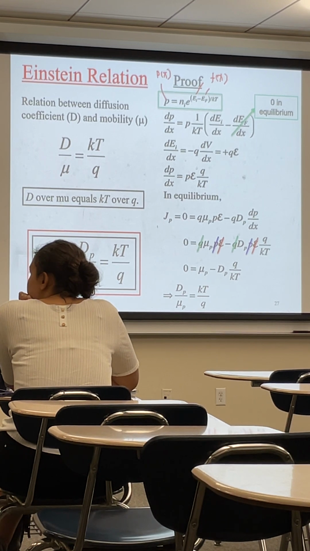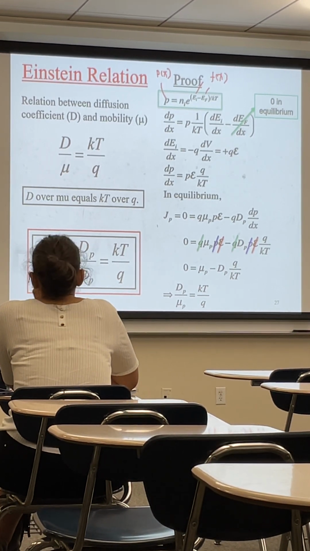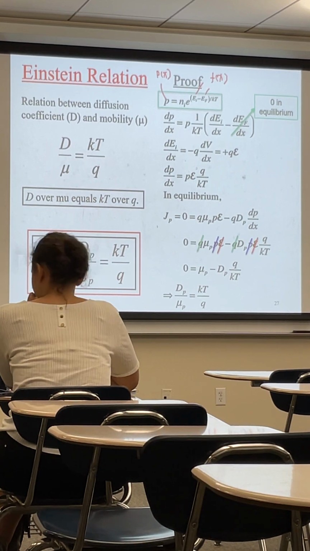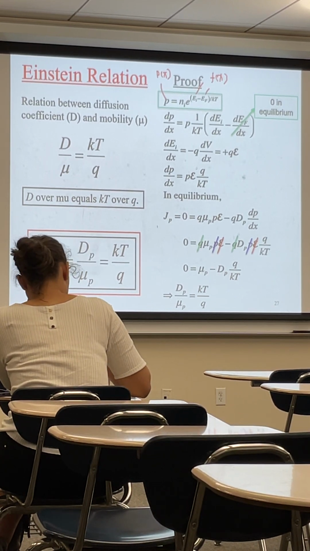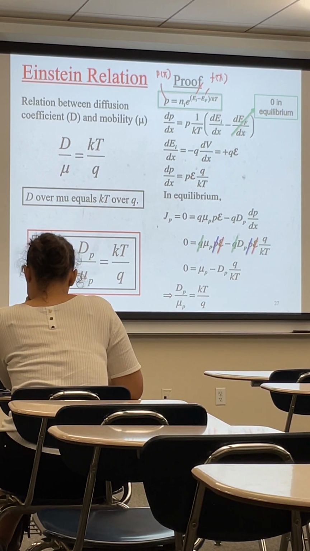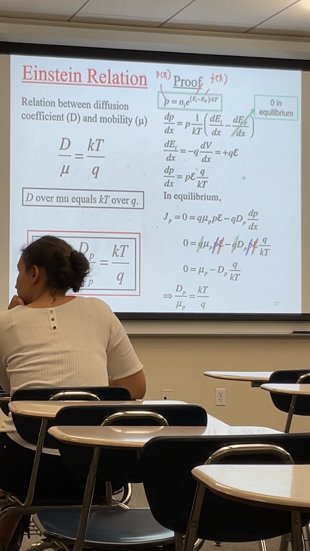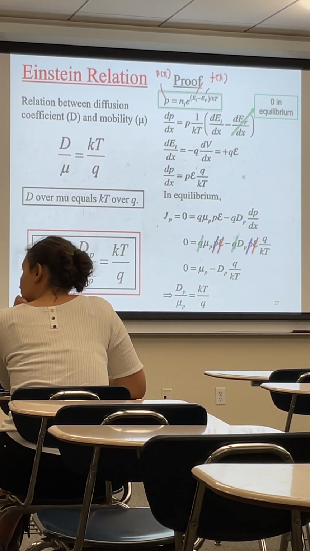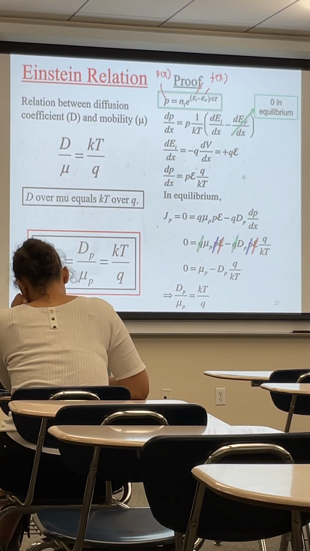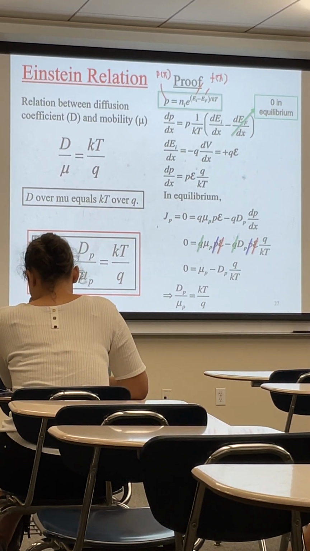The derivative of the exponential term is the exponential term itself, and then we need to take the derivative of the exponent, so we multiply by 1 over kT, and we have dE_i over dx minus dE_F over dx.